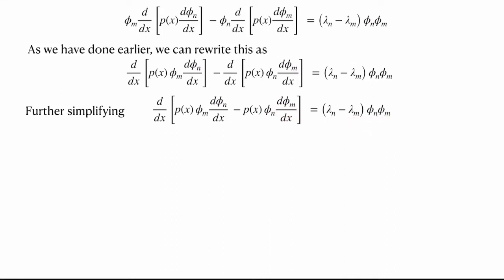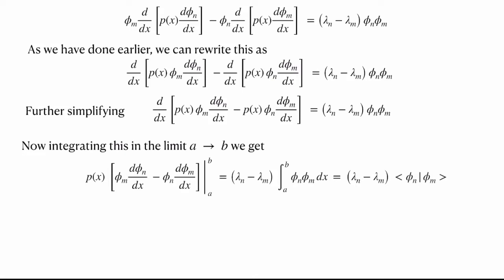Now we integrate this in the limit between a to b. From this term we get the dot product between phi m and phi n, and in this case we get a Sturm-Liouville boundary condition. This is an exact differential, so we get simply p(x) into phi m d phi n by dx minus phi n into d phi m by dx, evaluated at the boundaries a and b.